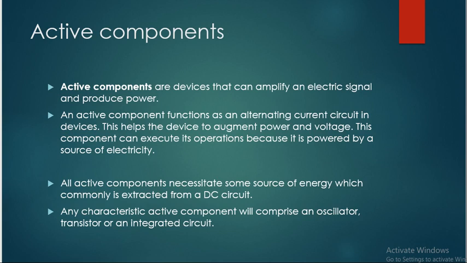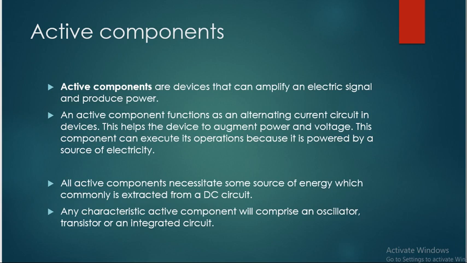As the name says, active means we can make changes. These are the components which can amplify signals. The active components are the devices that can amplify an electric signal and produce power. An active component functions as an alternating current circuit in devices. This helps the device to augment power and voltage, whereas this component can execute its operation because it is powered by a source of electricity.